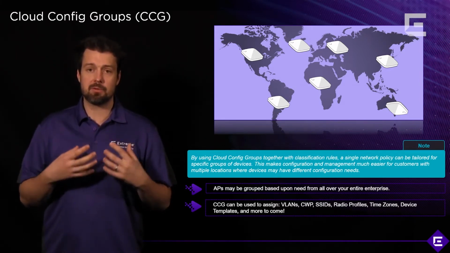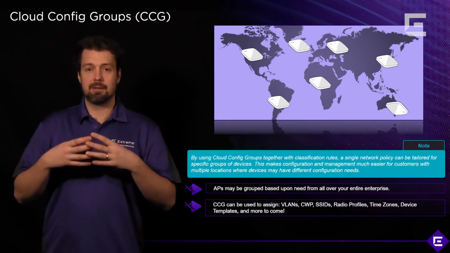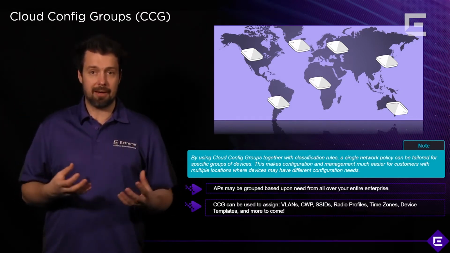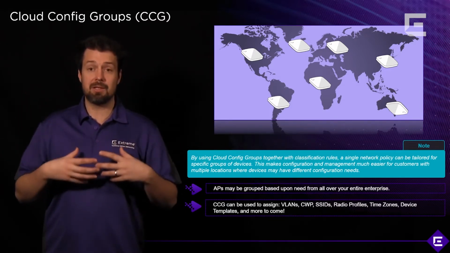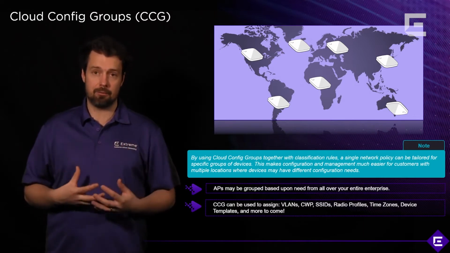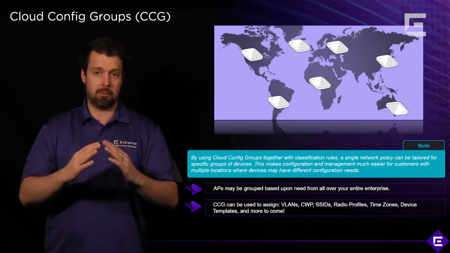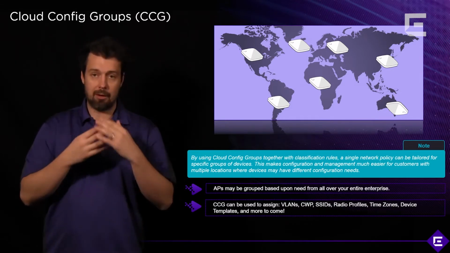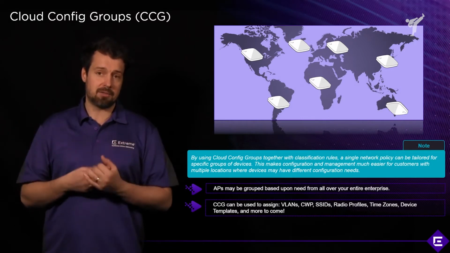So this really is a Swiss Army knife of one network policy and being able to configure not only by exception but by whatever rules you want. So this gives you the ultimate flexibility of building your configuration and still maintaining that single pane of glass, single network policy type of configuration throughout your whole deployment. Again, regardless of the number of devices and types of devices you're configuring.